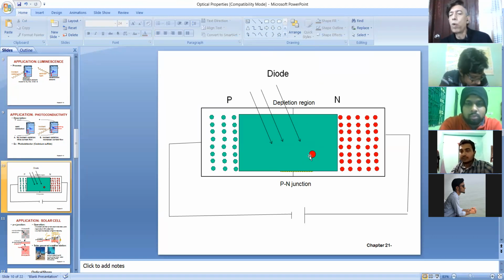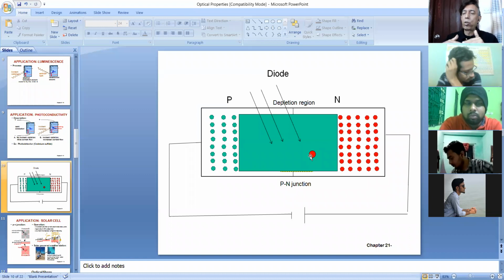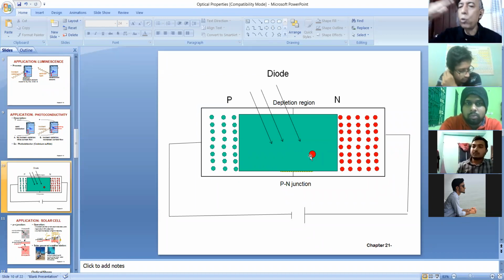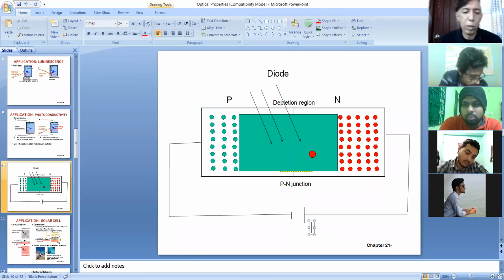One photon produces one electron. How? By exciting the silicon electron from valence band to conduction band. Now, this is positively charged. This is positive charge here because it is reverse bias.